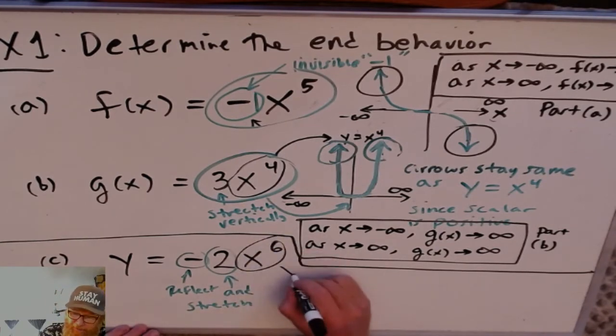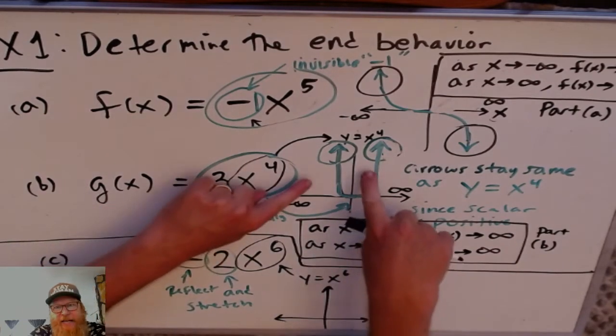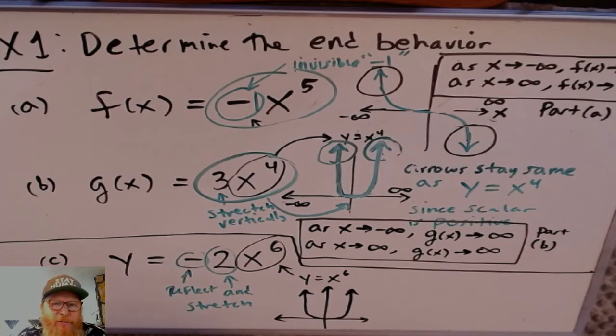So look at the mother function. X to the 6, that's our mother function. X to the 6 looks almost exactly like x to the 4th, right? All the even power functions look like parabolas. Yeah? They just get flatter and flatter and flatter and flatter at the bottom.